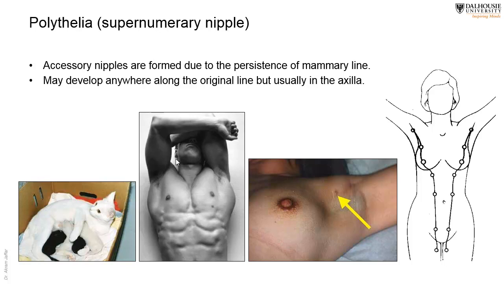It is something normal, doesn't have any clinical significance, and should not raise any concern. Here in this female, it is present in the axilla because this nipple line extends up into the axilla. Here it is located below the actual nipple in the male. This is what we call polythelia or supernumerary nipple.